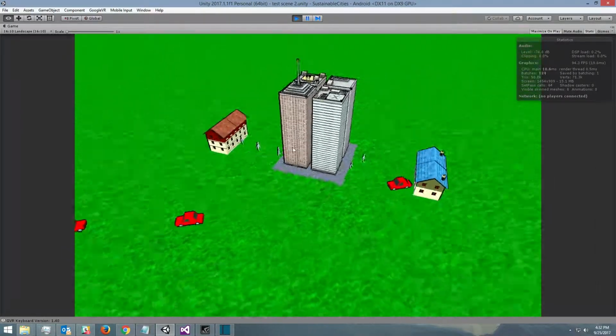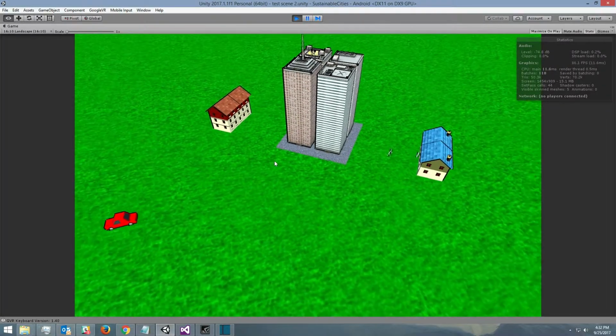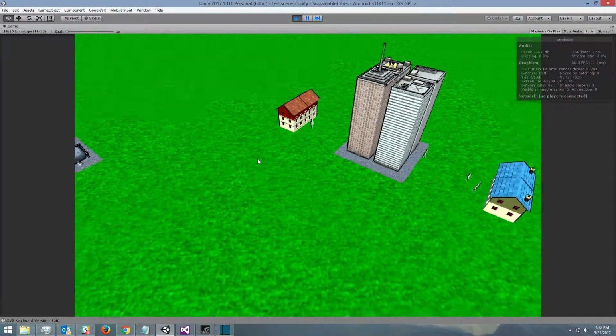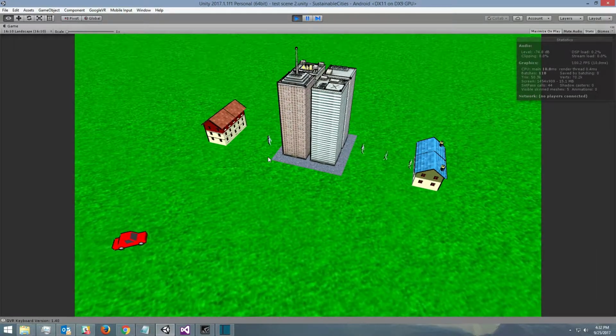Now, as you can notice, there are some cars going between these buildings, as well as some little paper characters walking between them. Whether it's a character walking or a car is dependent on the distance between where the person is starting from and where their destination is.